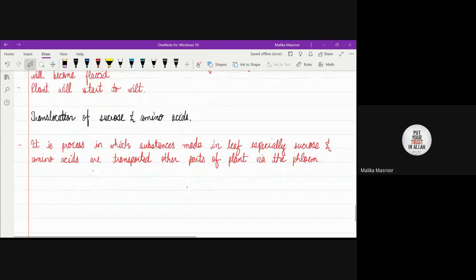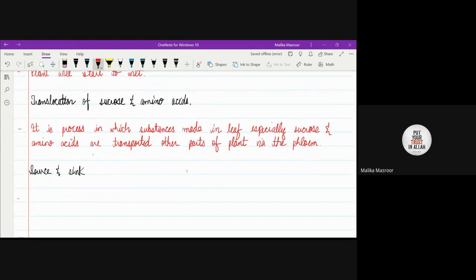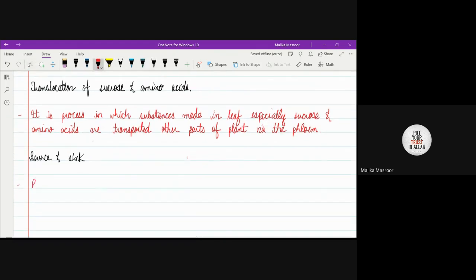Okay. Last thing for today of this chapter is source and sink. The place from where your sucrose and amino acids are being translocated is the source. I'm not saying leaf or anything. It is a part of the plant.